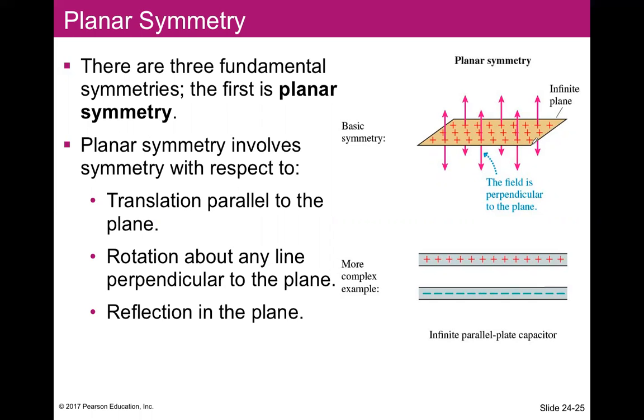Planar symmetry involves symmetry with respect to, first, translation parallel to the plane; second, rotation about any line perpendicular to the plane; and then rotation in the plane. This is the symmetry of a planar system.